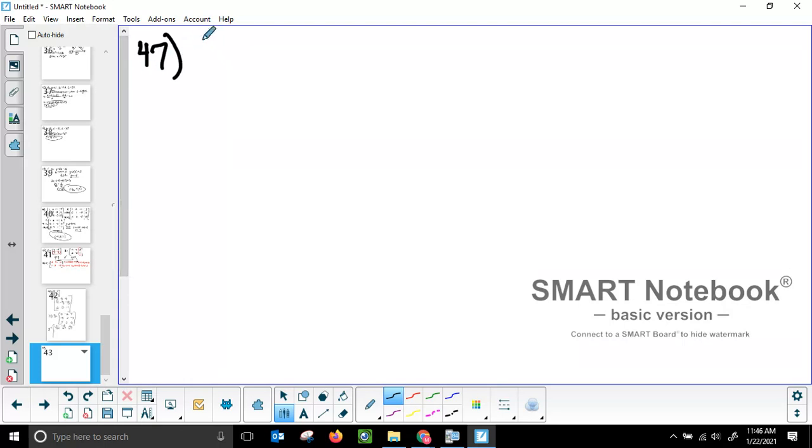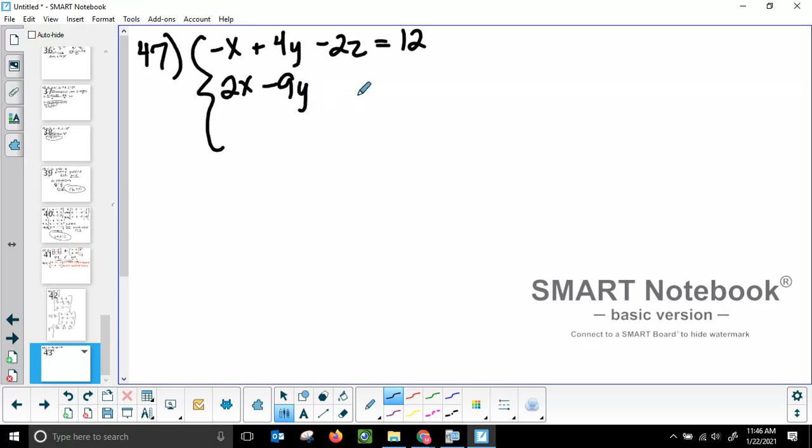All right, so we've got negative x plus 4y minus 2z is equal to 12, and 2x minus 9y plus 5z is equal to negative 25. Negative x plus 5y minus 4z is equal to 10.